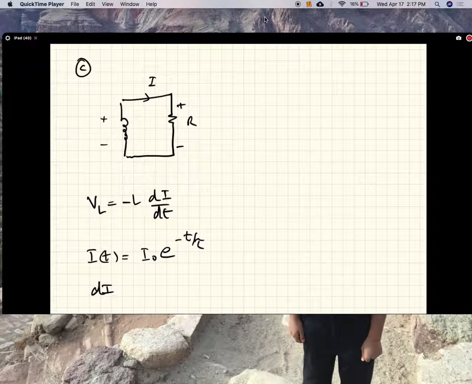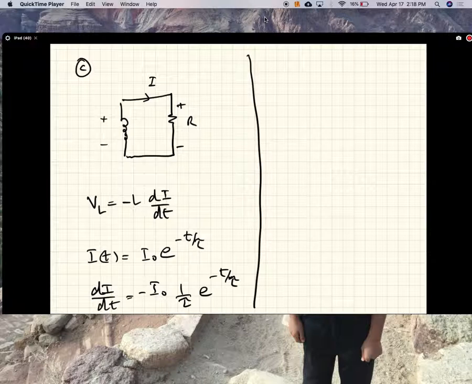So di by dt is minus I naught times, and tau is L over R.